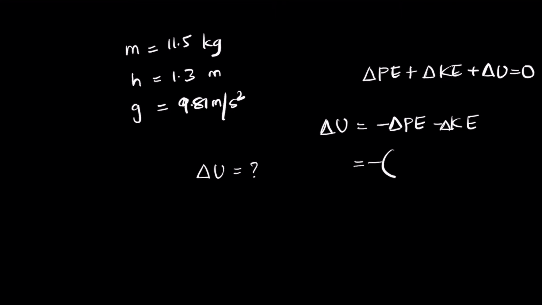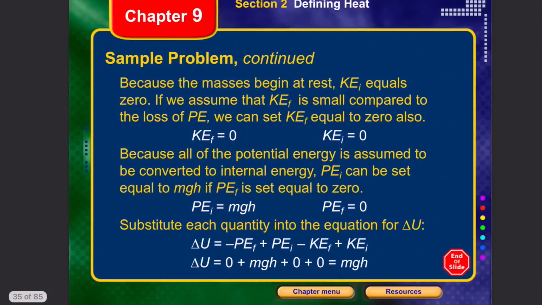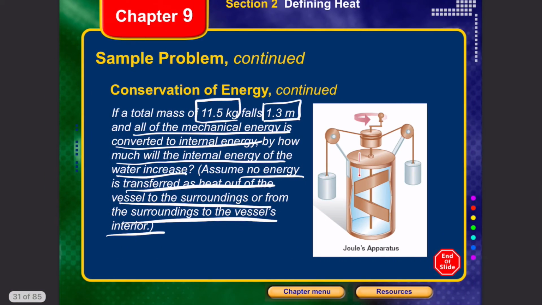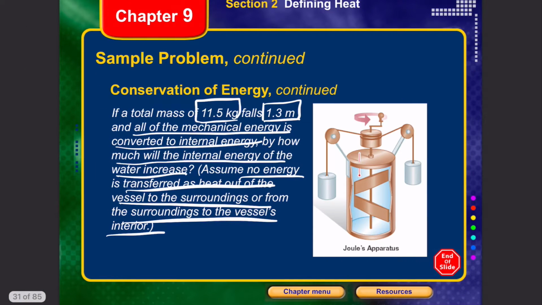Delta PE can be written as the final potential energy minus the initial potential energy, and delta KE is the final kinetic energy minus the initial kinetic energy. Now, taking this data into consideration, notice that all of the mechanical energy is being converted to internal energy, and it only says that there is rotational movement due to the falling masses.